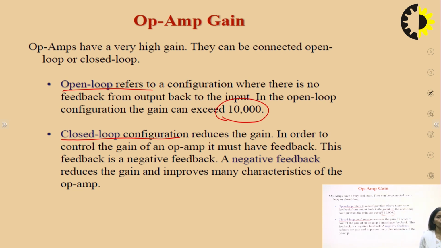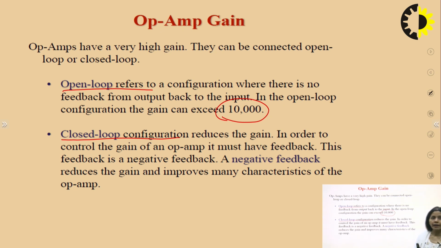The gain of the op-amp is very high in open loop configuration. But closed loop configuration is stable, though it reduces the gain. Practical circuits are always made in the closed loop configuration of the op-amp.